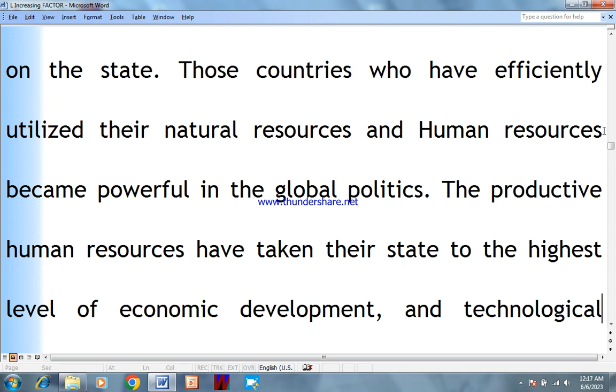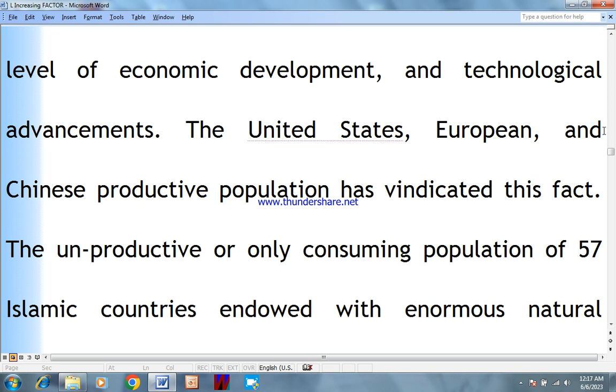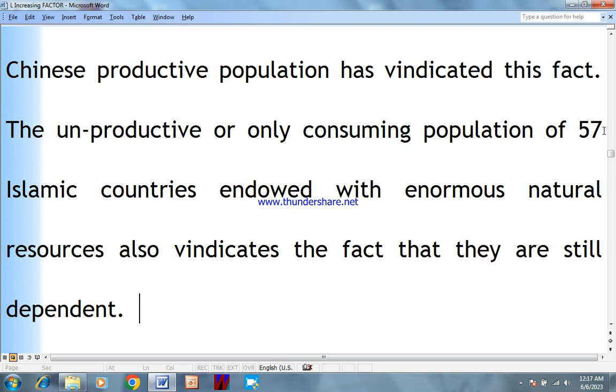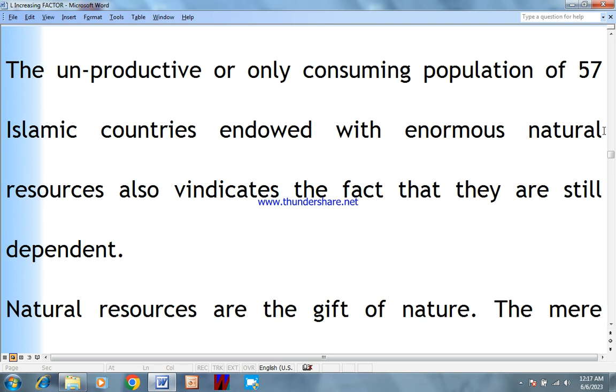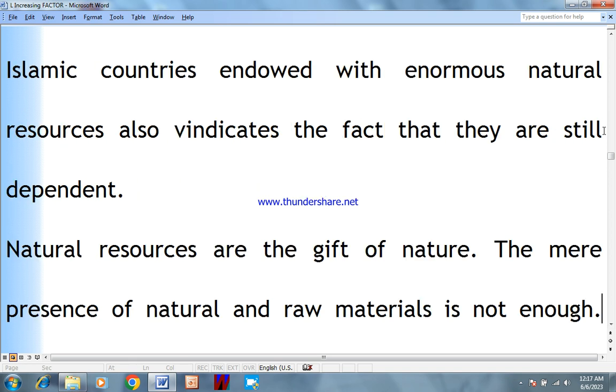The productive human resources have taken their states to the highest level of economic development and technological advancement. The productive populations of the United States, Europe, and China have vindicated this fact. The unproductive, only consuming, population of 57 Islamic countries endowed with enormous natural resources also vindicates the fact that they are still dependent on other, advanced countries.